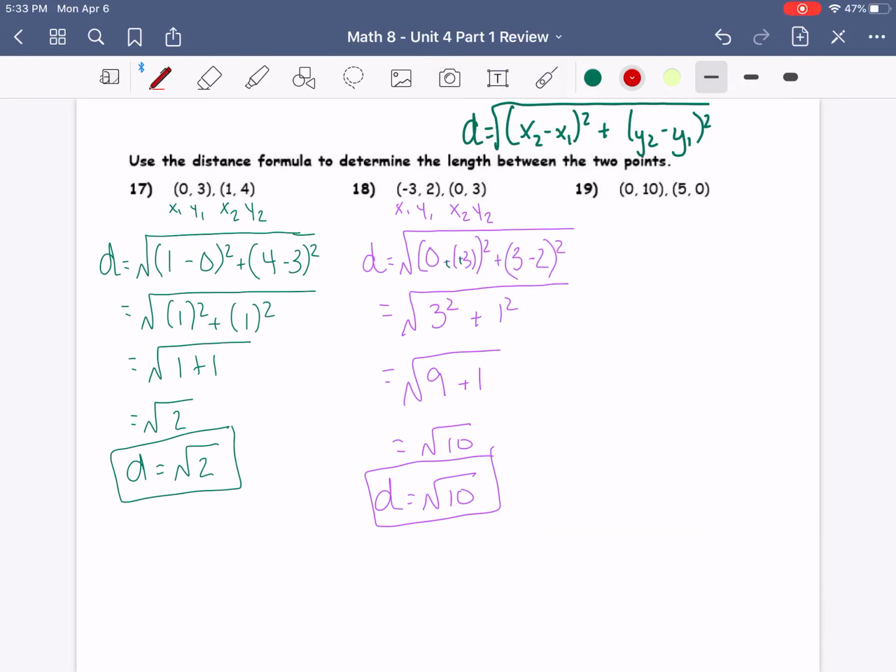Last one, x1, y1, x2, y2. The distance is x2 is 5, x1 is 0, y2 is 0, y1 is 10. 5 minus 0 is 5, negative 10 squared, negative 10 times negative 10 is positive 100.